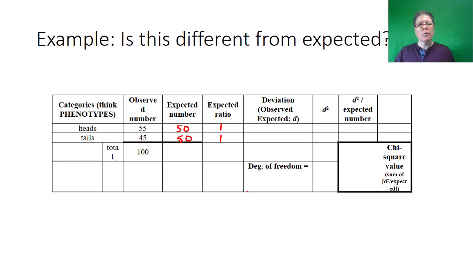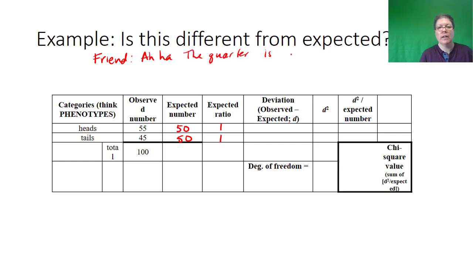So you can do a chi-square analysis to determine if your quarter is fair. So you're going to flip your quarter 100 times. What you found was 55 of those times it was heads and 45 of those times it was tails. And your friend says, aha! A quarter is not fair.